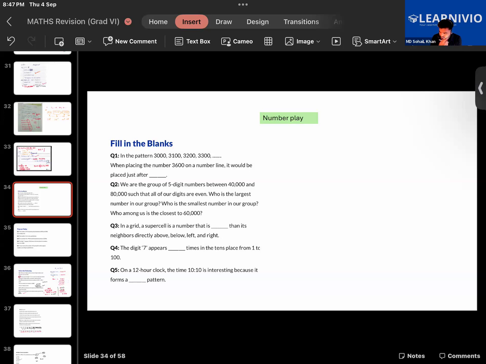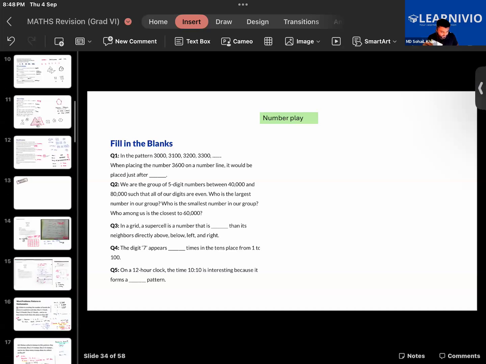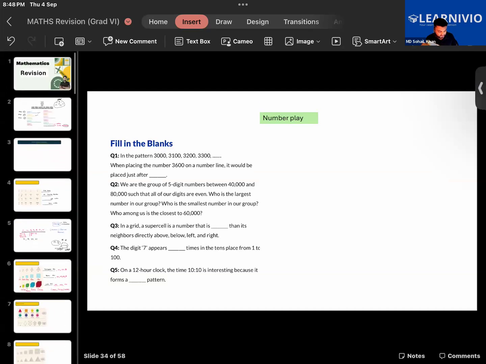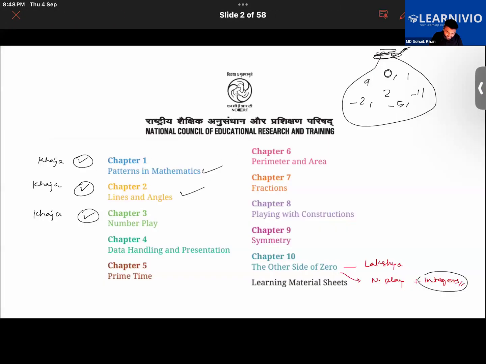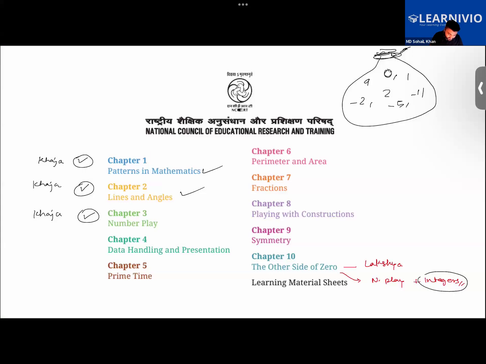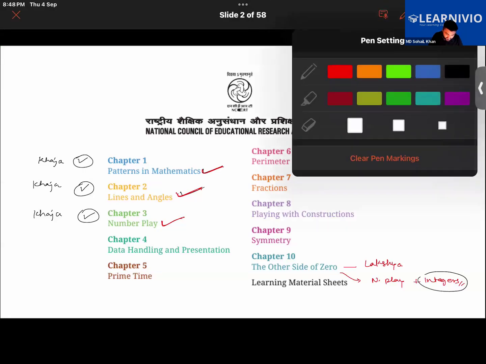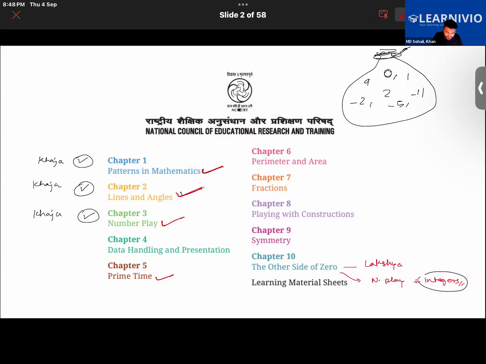So, so far as we started this revision series, in this revision series we have done the revision of Patterns in Mathematics, Lines and Angles, and recently we have almost completed this Number Play also. So the chapter Prime Time is going to come up later in the revision.